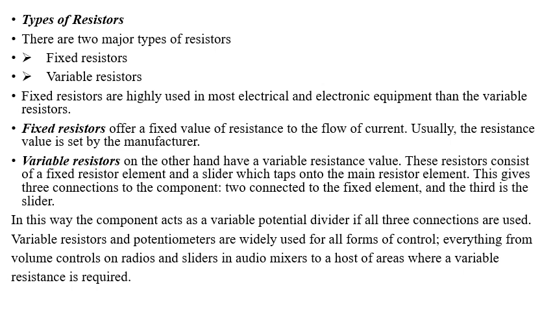In this way, the component acts as a variable potential divider if all three connections are used. Variable resistors and potentiometers are widely used for all forms of control, everything from volume controls on radios to sliders in audio mixers, and a host of areas where variable resistance is required.